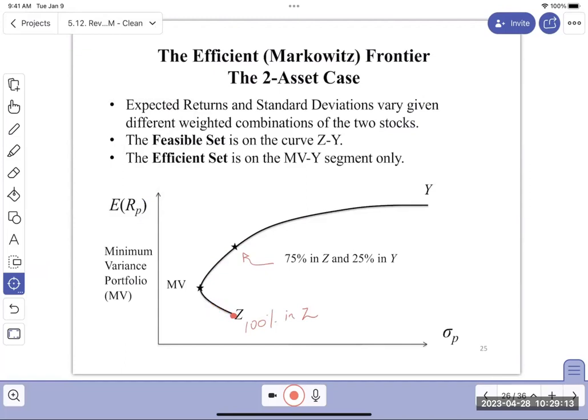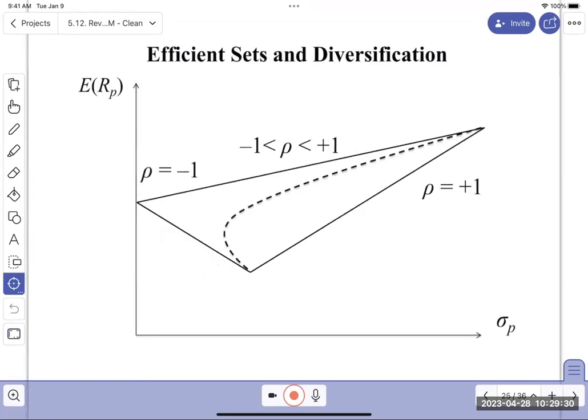So keep on adding Y until here. And that's why I really like to know how to find that. And I showed you how. In this case, this one is locatable precisely here when you know the standard deviation. For assets that have perfectly negative correlation, you could find this.